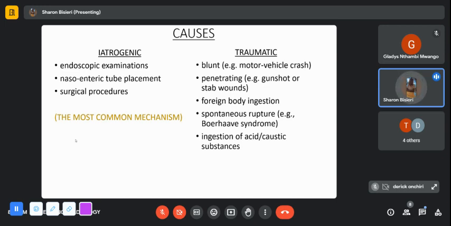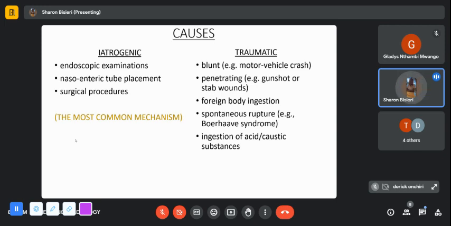For the traumatic causes of esophageal tears, you can have either penetrating or blunt injuries. Blunt injuries are commonly a result of motor vehicle accidents, and penetrating injuries a result of gunshots or stab wounds. You can also have foreign body ingestions like the ingestion of a fish bone. You can also have spontaneous ruptures like in Boerhaave syndrome, which happens due to forceful vomiting.